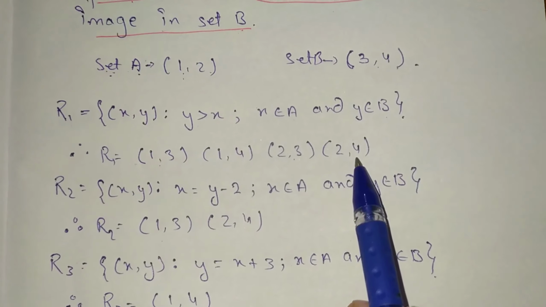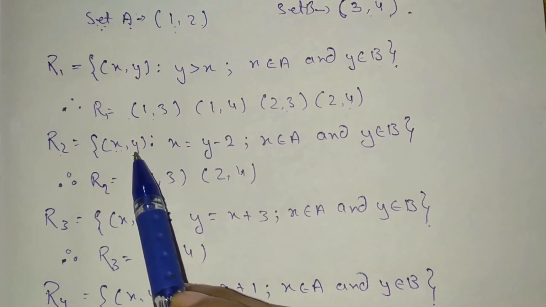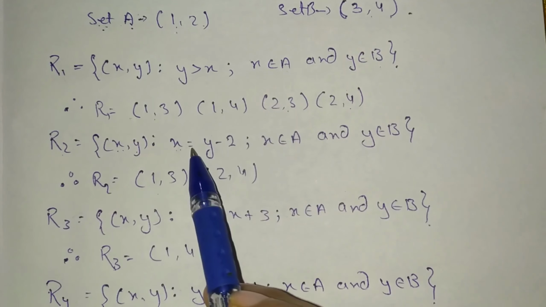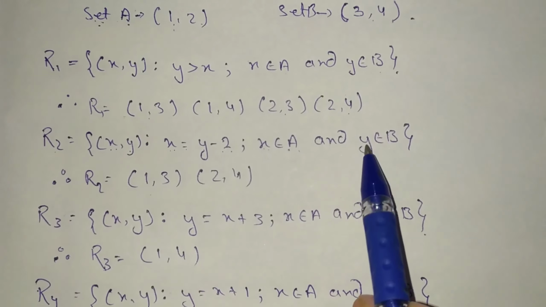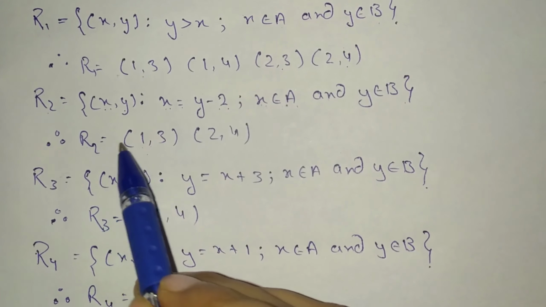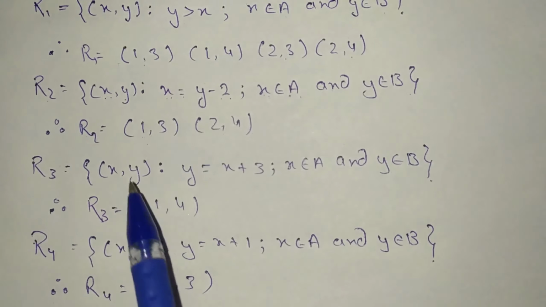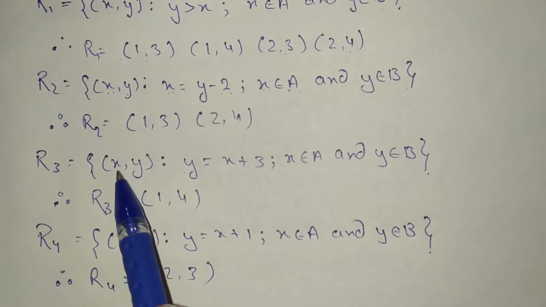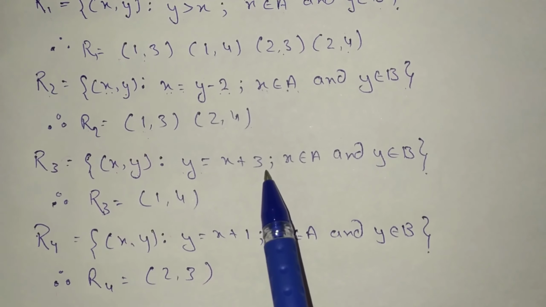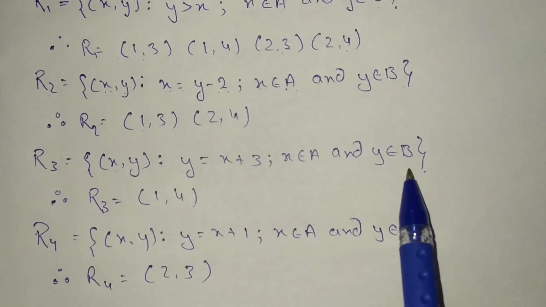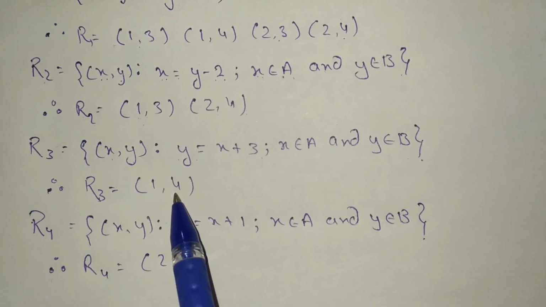The second relation which we wrote: we have two elements (x, y) where x is equal to y minus 2, x belongs to A and y belongs to B. So R2 is equal to the following product: (1,3) and (2,4). Our third relation: we have (x, y) where y is equal to x plus 3, x belongs to A and y belongs to B. Therefore R3 is equal to (1,4).